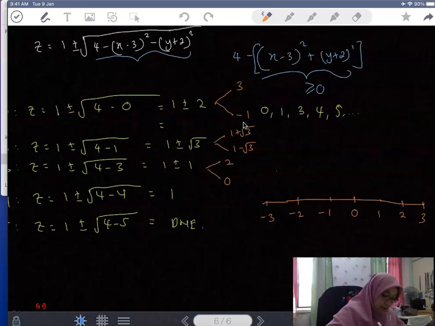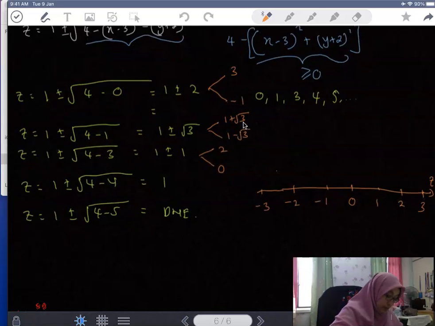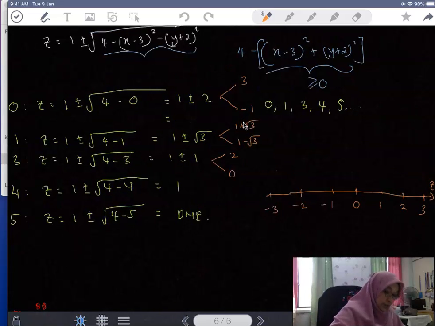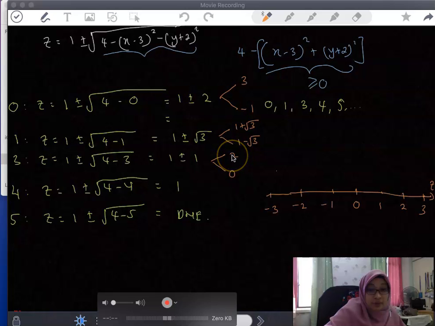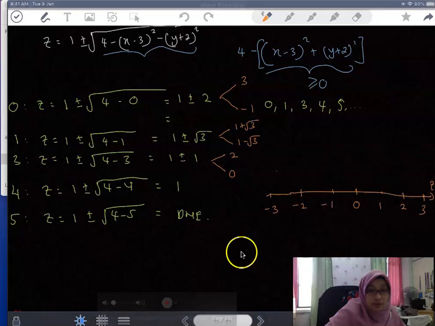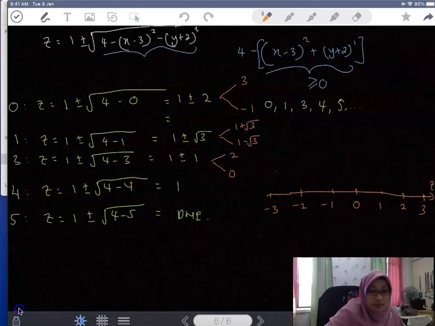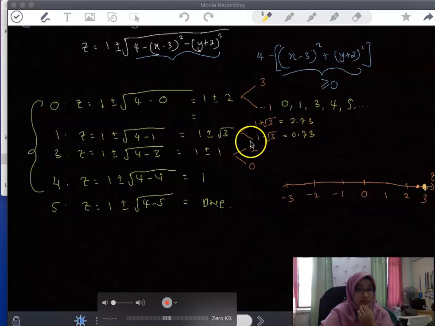So this is for the value of z. Now we have 0, we have 2, we also have 3, we have minus 1, and 1 plus square root 3, which is 2.73, and 1 minus square root 3, which is about minus 0.73.